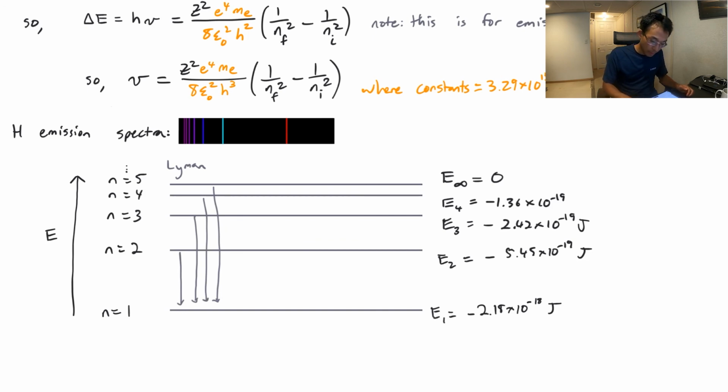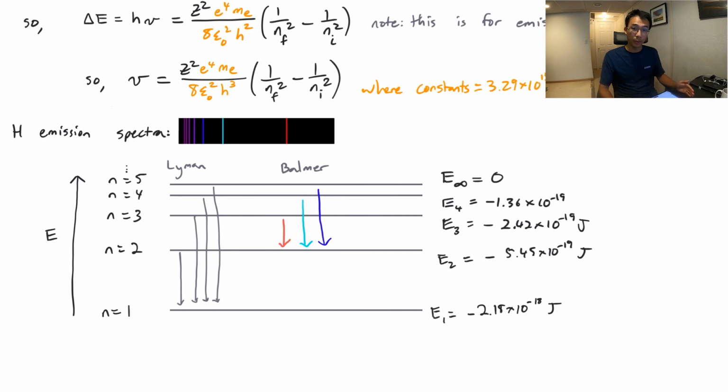The ones that we do see in the emission spectra are from the Balmer series. I've shown you just a few of these, but it turns out that the blue line you see here in the emission spectrum comes from n equals 5 going down to n equals 2. While the teal line you see is because the atom is going from the n equals 4 energy level down to n equals 2, and then the red emission is from the n equals 3 energy level down to n equals 2.